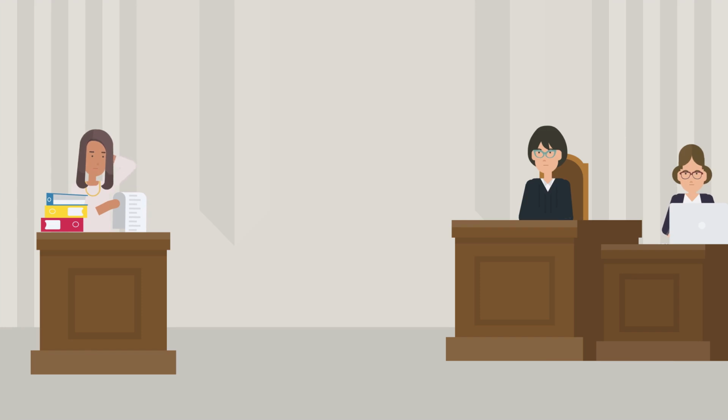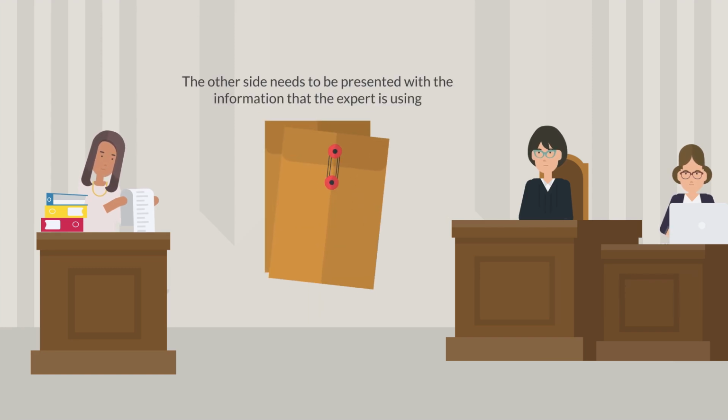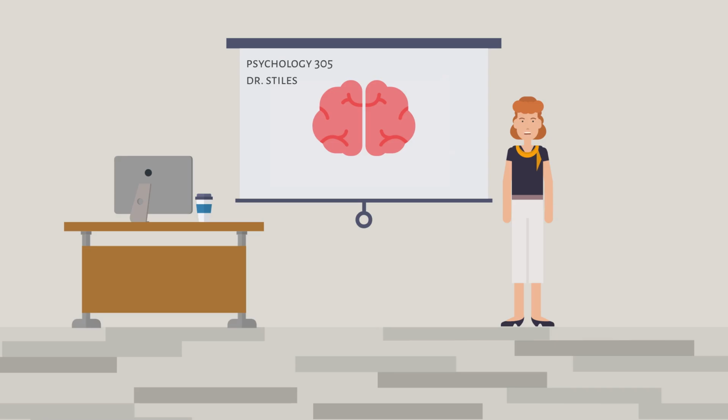But should there be reports that they are relying on, or if there's other information that is pertinent to them, it's important that the other side is presented with this information that the expert is using. Another point to consider is whether the information is the type that is reasonably relied on by experts in that particular field. Facts or data used by the expert don't need to necessarily be admissible themselves, but whether or not it is used in that field is something to be considered.